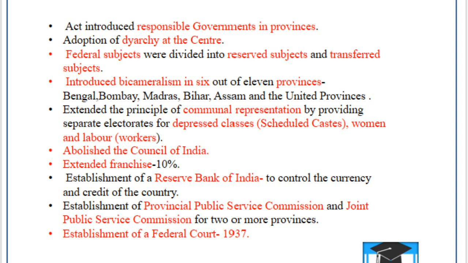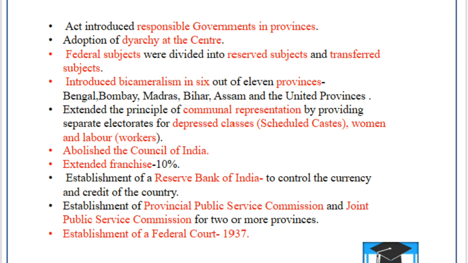In these provinces, there is a bicameral legislature consisting of a legislative council, the upper house, and a legislative assembly, the lower house. However, many restrictions were placed on them. This Act further extended the principle of communal representation by providing separate electorates for depressed class, women and workers.